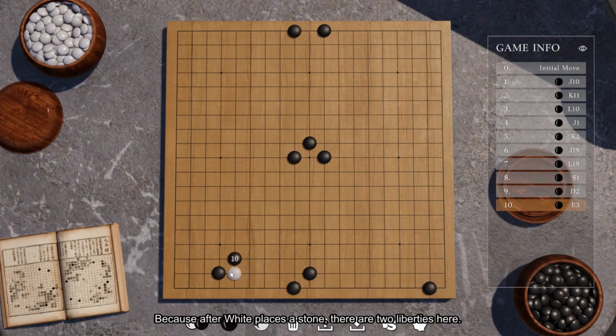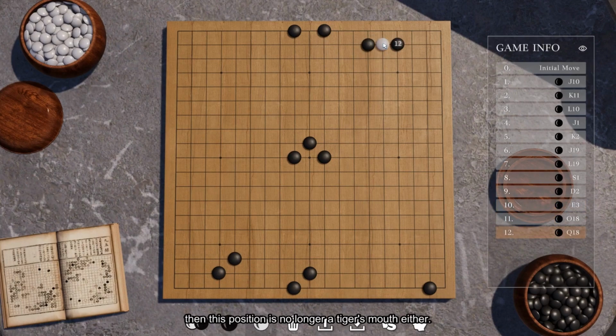Because after white places a stone, there are two liberties here. Black cannot capture immediately. Similarly, if these two black stones above are placed on the second line, then this position is no longer a tiger's mouth either, because after white places a stone, there are two liberties.